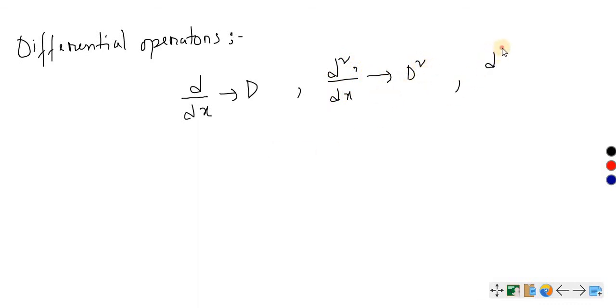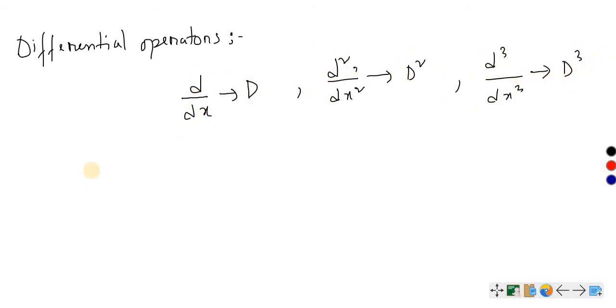Similarly, d cube by dx cube will be D cube. So you must know this is the differential operator; if you take the second order, it will be D square, and if you take the third order, it will be D cube. In this way it will go on.